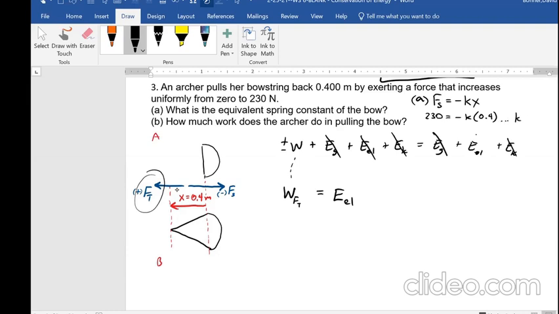That means that K is going to be equal to 575. Now I can go to work done by force tension here and use the elastic energy of 1/2 kx squared to solve for it.